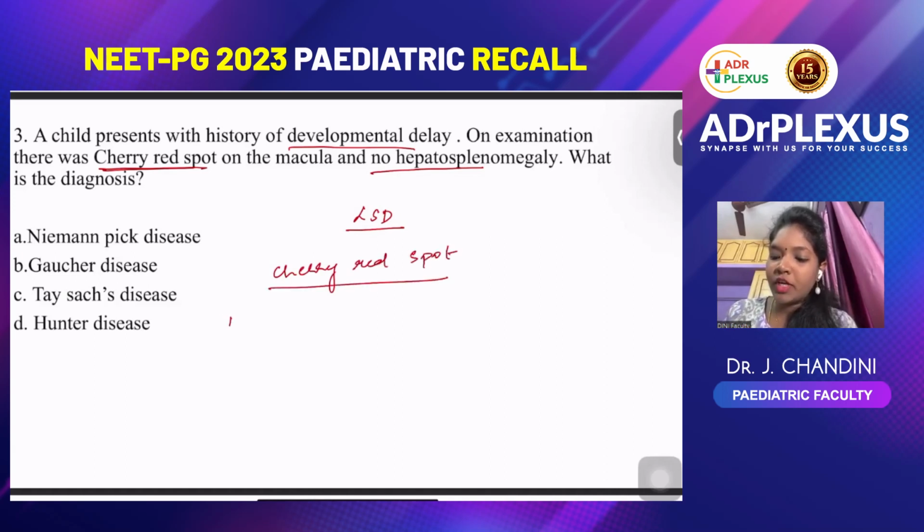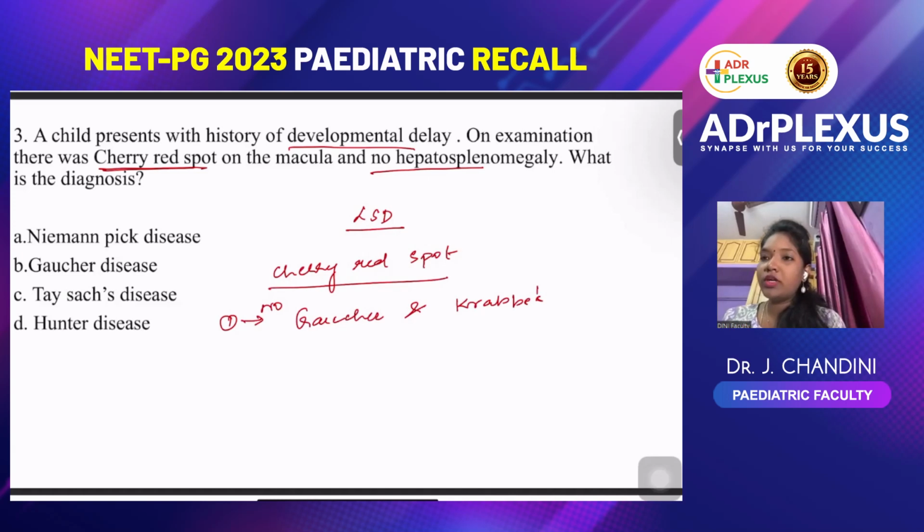One point you have to remember is that all these diseases have cherry red spot except for two diseases. One is Gaucher and the other is Krabbe. So Gaucher and Krabbe don't have cherry red spot. So Gaucher's disease is ruled out here. Now, the second thing they have given is that the child is not having hepatosplenomegaly.